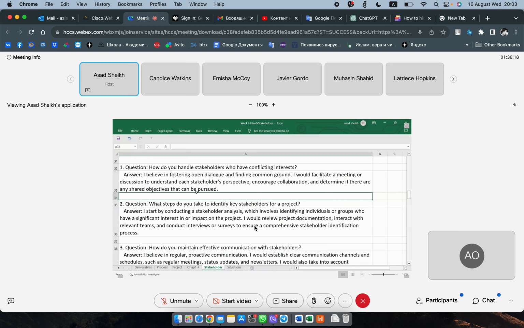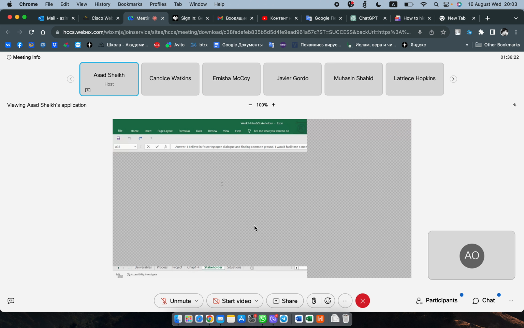So the keywords I want you to remember are: I would facilitate a meeting to understand each stakeholder's perspective to come to some consensus. That is the thing to keep in the back of your mind for the exam.